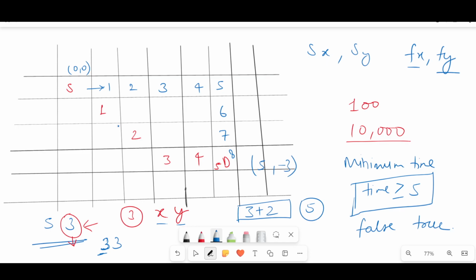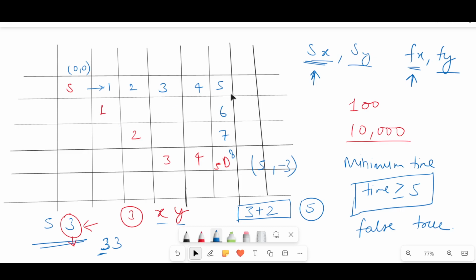So we take the minimum of sx and fx in sx, and the maximum of sx and fx in fx, so that it becomes easier to find the difference. All right, that's it.